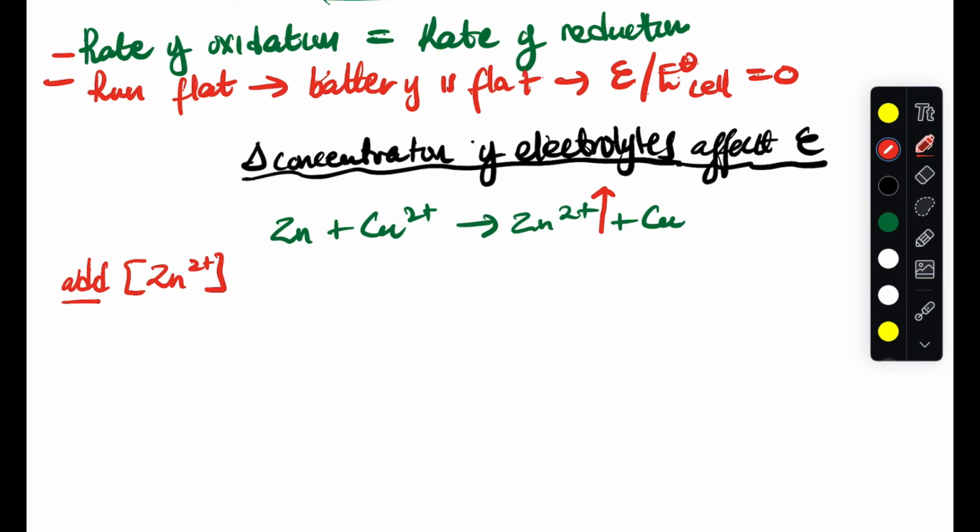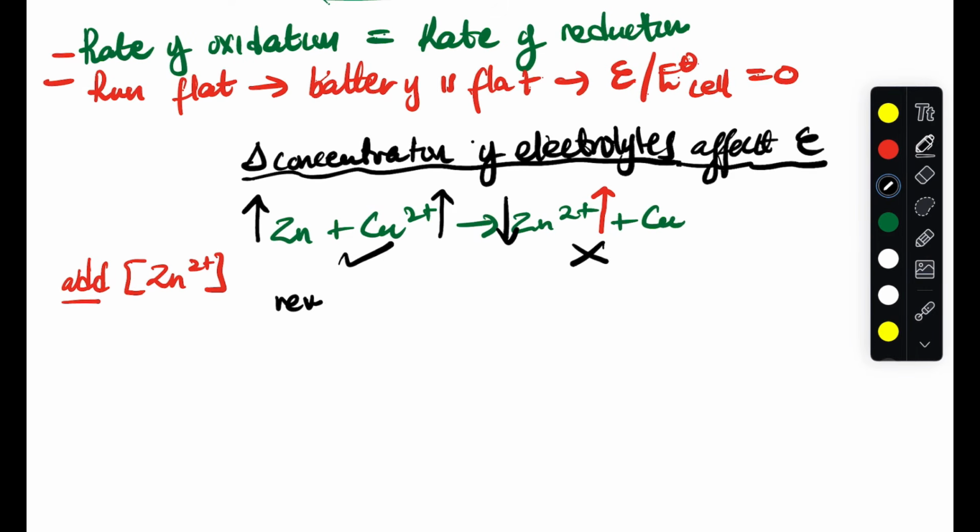So according to Le Chatelier's principle, the system is going to oppose the change and decrease that. What does it decrease? It decreases zinc, which is in the product. That means that the product, which is the forward, is not favored. So the system is going to increase the reactant. That means the reverse is favored.